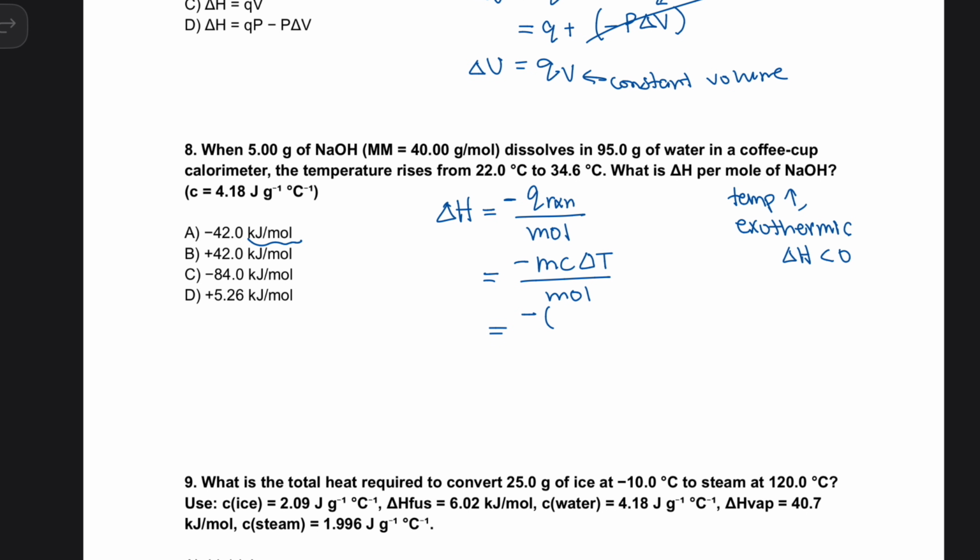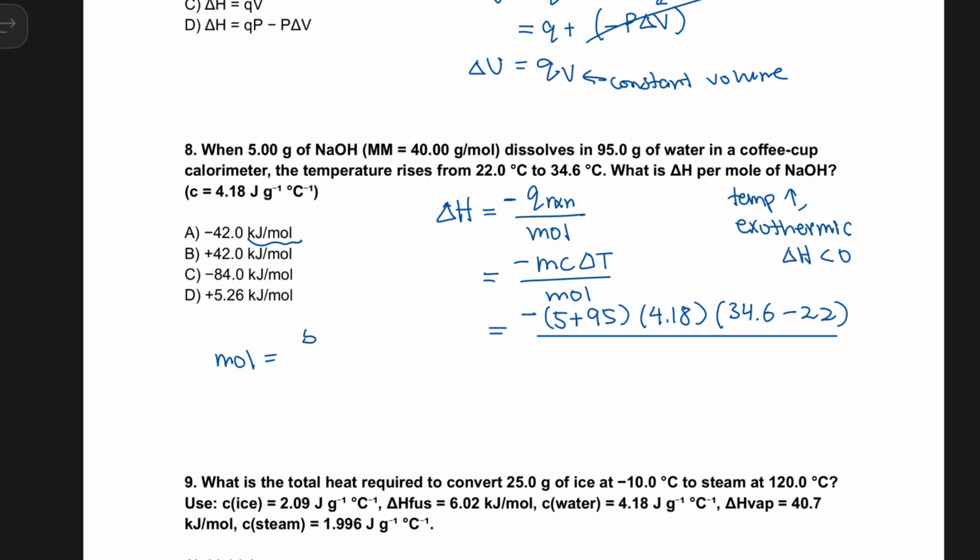So negative, the mass will be 5 grams from the NaOH plus the 95 grams from the water. Specific heat capacity is 4.18, always with water. And then change in temperature is 34.6 minus 22 over the moles, which is, we have to do a small calculation on the side here. So moles equals mass over molar mass.